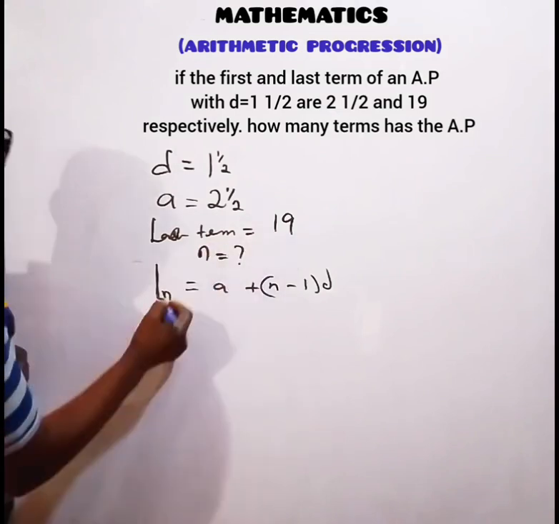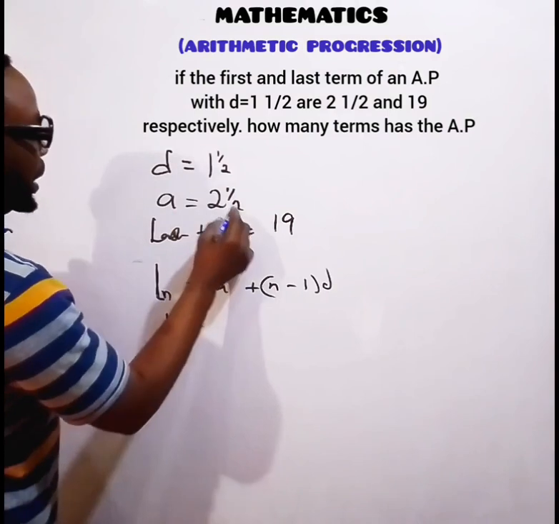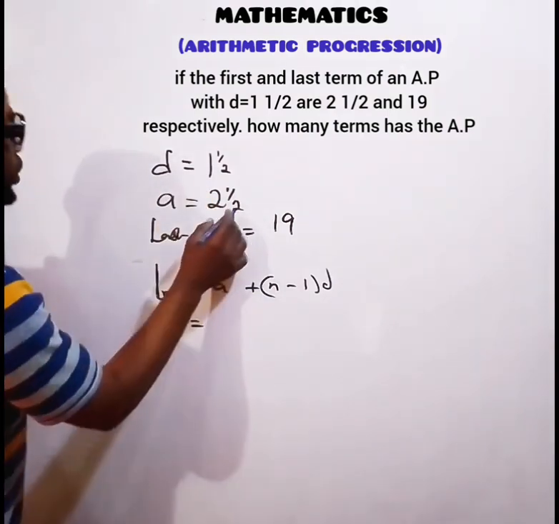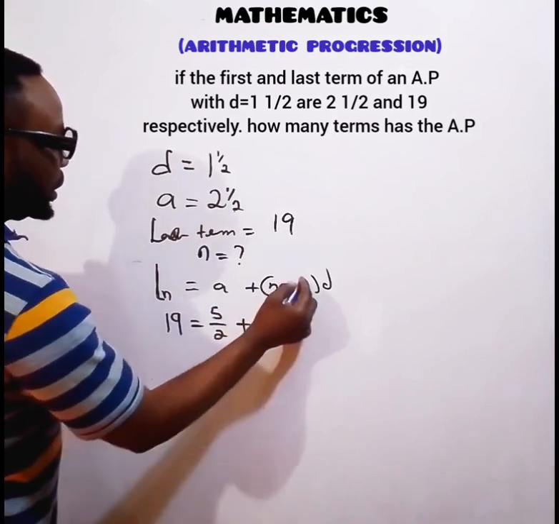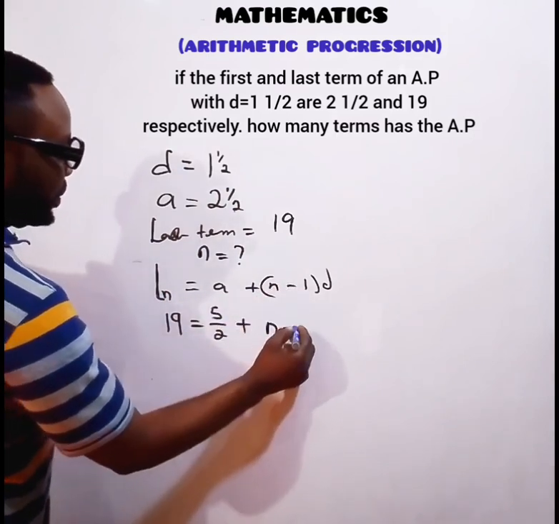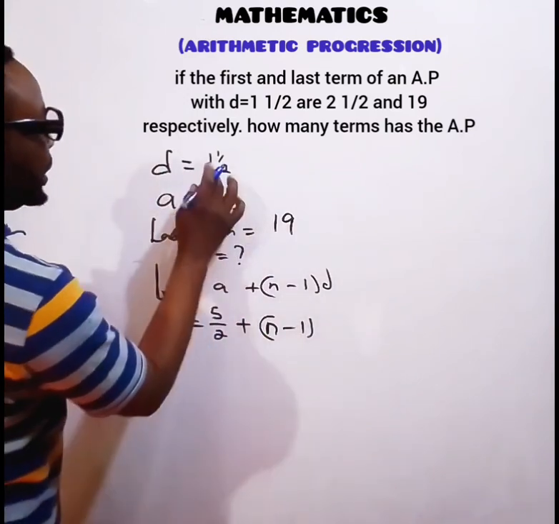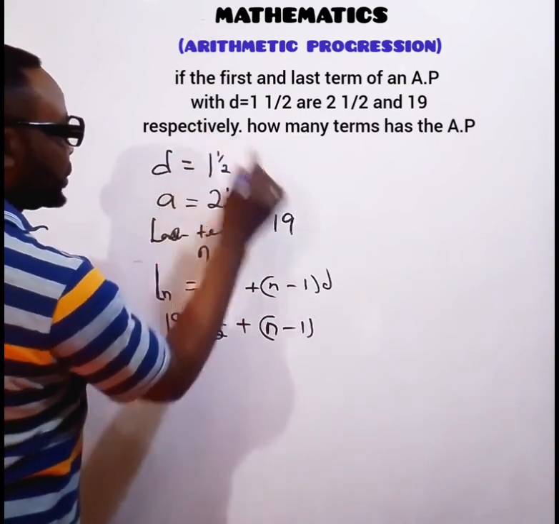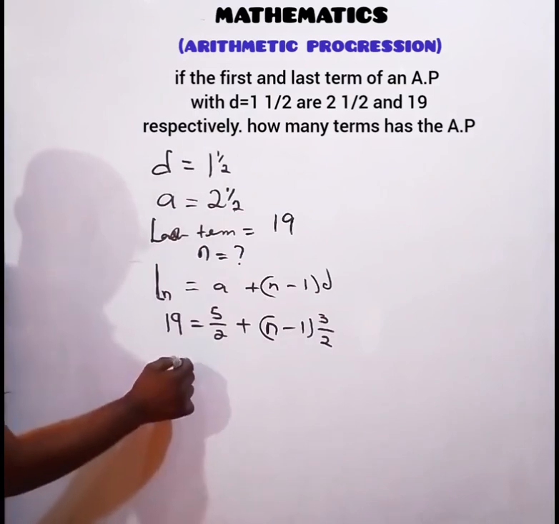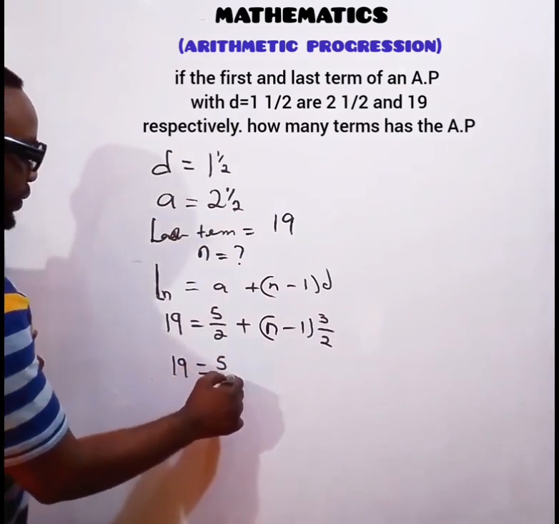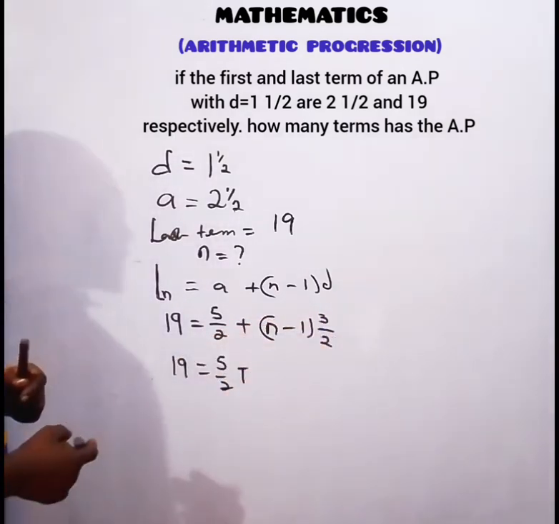Now, this value has been given to us. This is 19 is equal to the value of our a is, let's convert it to improper fraction. 2 times 2, 4 plus 1, 5 over 2 plus n, that is what we are looking for, minus 1 into bracket of the value of my d is, let's convert it as well. 2 times 1 plus 1, that's 3 over 2. So we are having 19 equal to 5 over 2 plus, let's open this bracket accordingly.